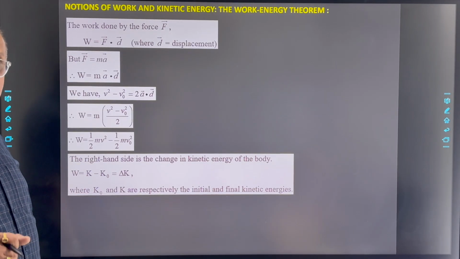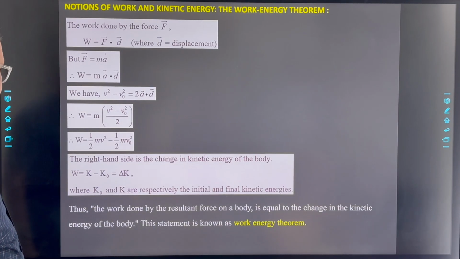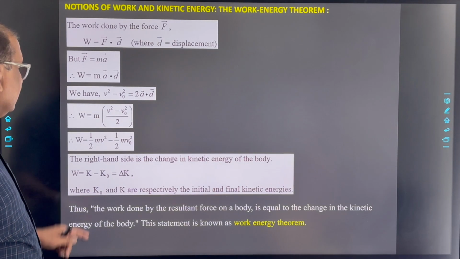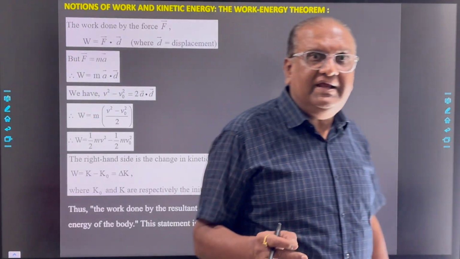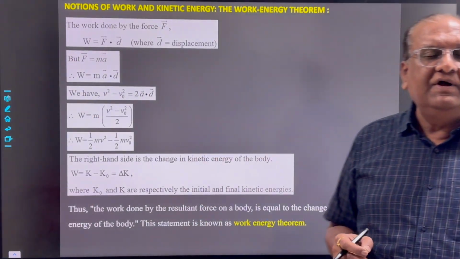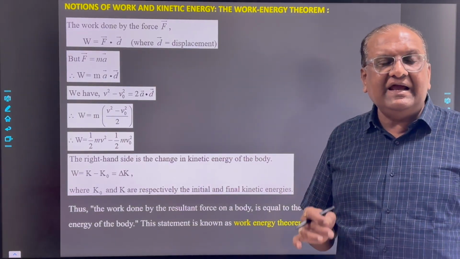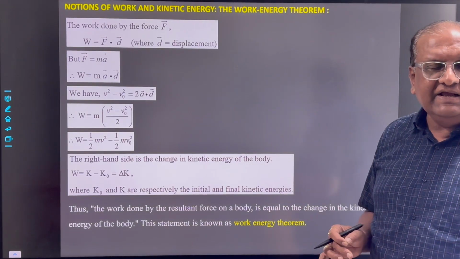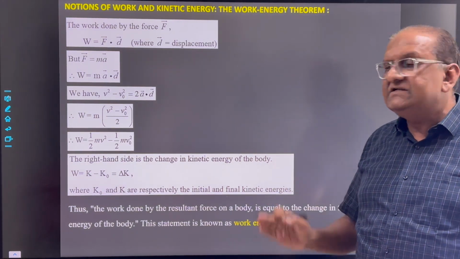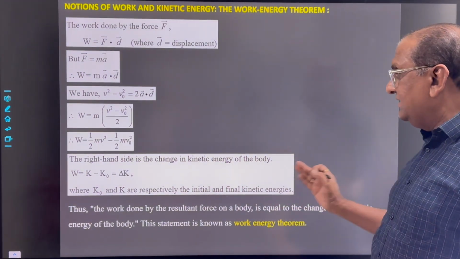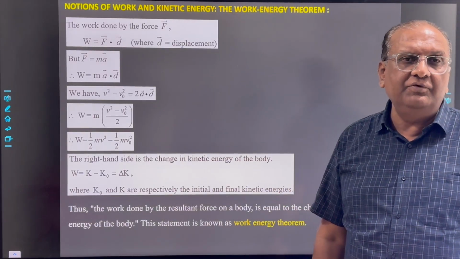So from this we can give the statement: the work done by the resultant force on the body is equal to the change in kinetic energy of the body. And this particular statement itself is known as the work energy theorem. Clear to all of you?